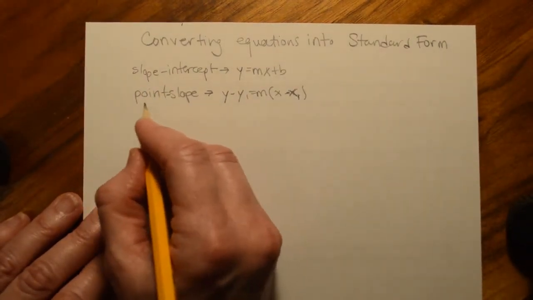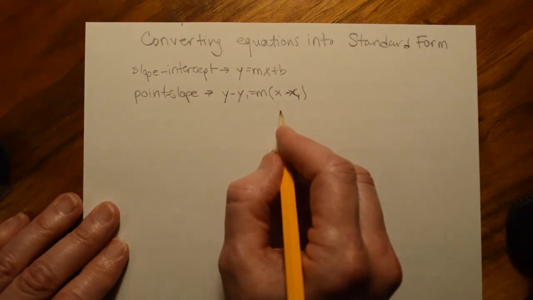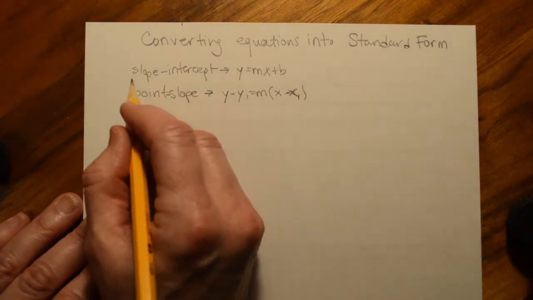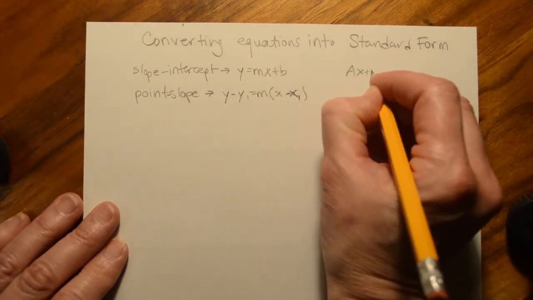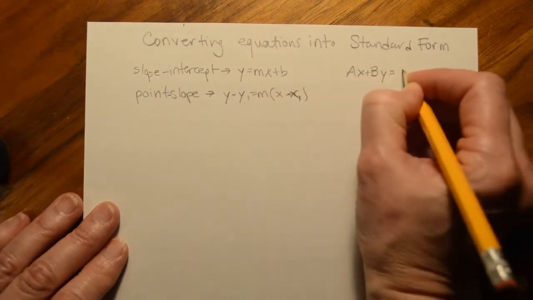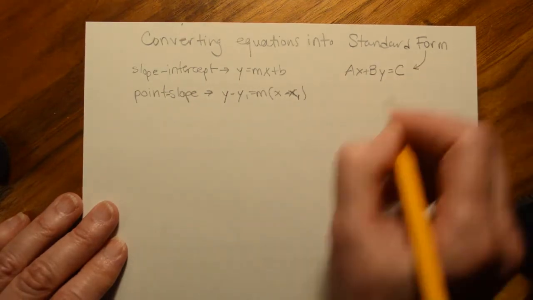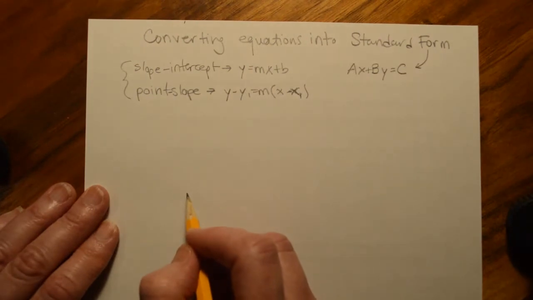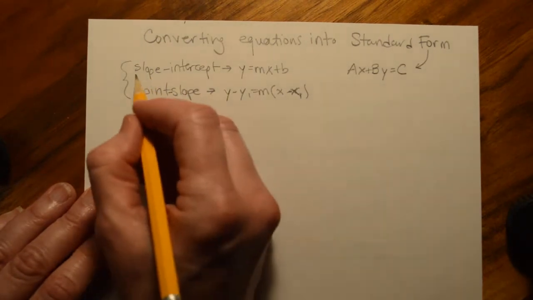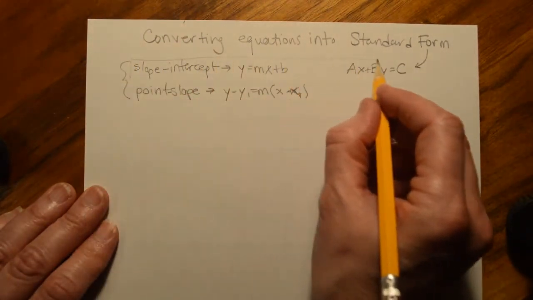We generally don't choose to graph from the point slope. That's usually not the form that we take. We usually have the slope intercept or the general form, which is the ax plus by equals c, or the standard form. So that's this form right here. So generally what we do is we write equations in this form and then leave it in one of these two forms, right?